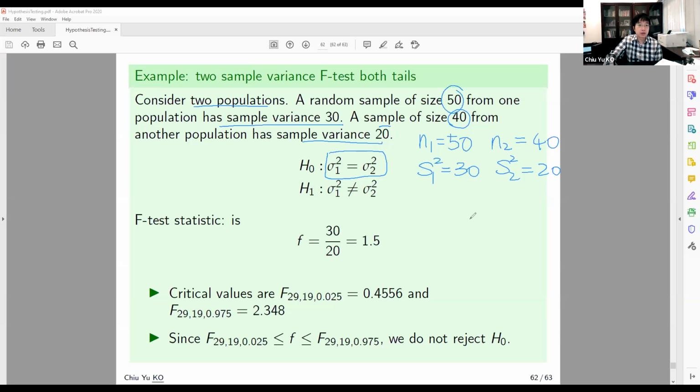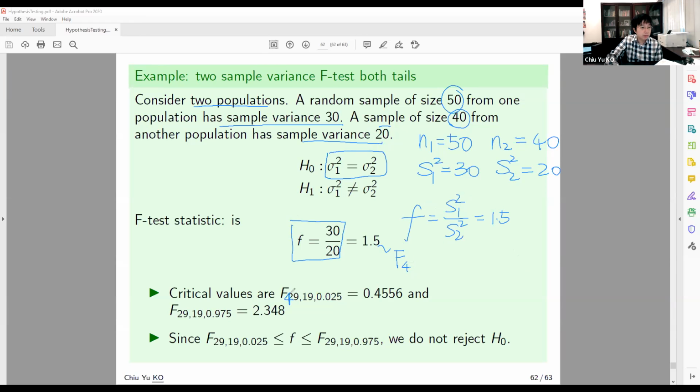Again, what we have said is you look at the ratio. F will follow S1 squared over S2 squared, and this is 1.5. And this should be F with N minus 1 degrees of freedom, 49. Sorry, there's a typo here.